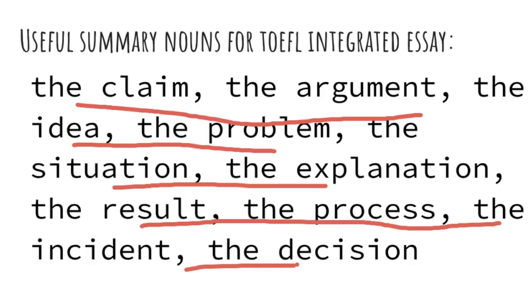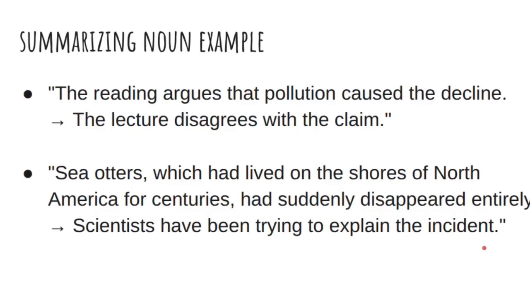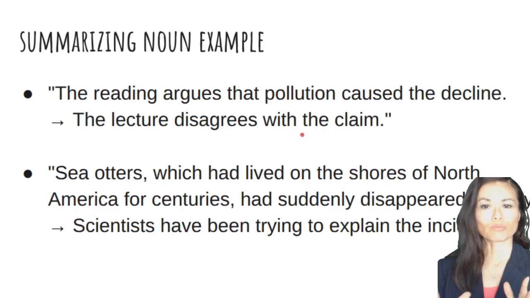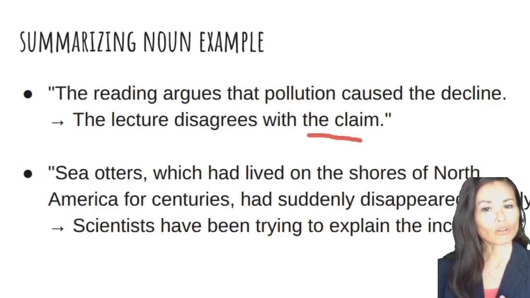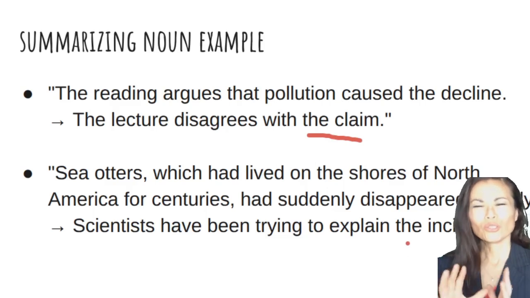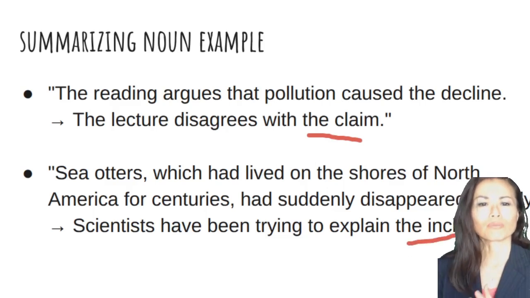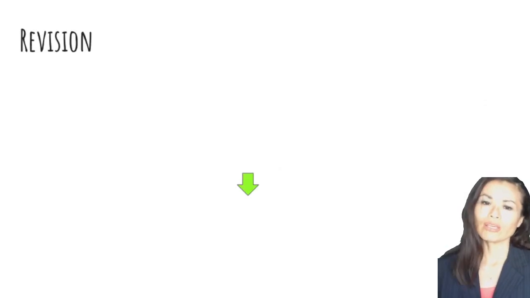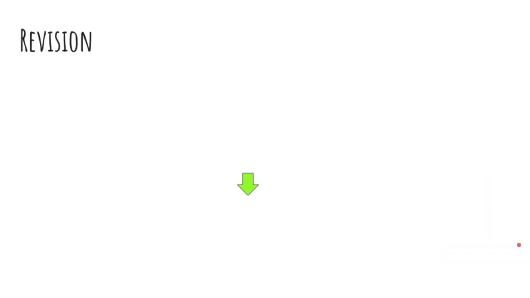Let's look at some more specific examples. The reading argues that pollution caused the decline. The lecture disagrees with the claim. Sea otters, which had lived on the shores of North America for centuries, had suddenly disappeared entirely. Scientists have been trying to explain the incident. With this knowledge, let's rewrite our original essay example.